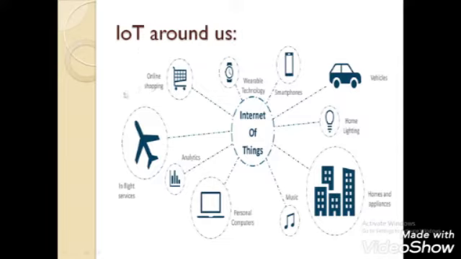IoT around us. We are surrounded by the Internet of Things. Knowingly or unknowingly, we are using the Internet of Things. For example, online shopping, smart wearables, smartphones, Tesla cars that contain AI technologies to drive, that is, using the internet, home lighting to control fans, switches, and lights of the home, and appliances, that is, fridges and washing machines that are connected to the internet.